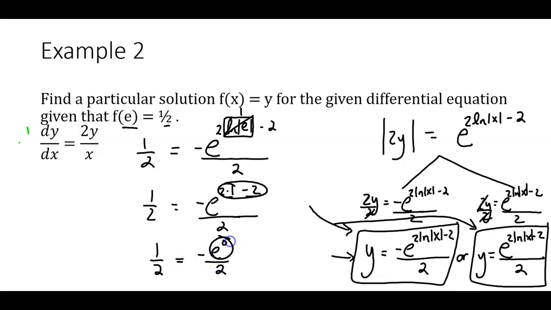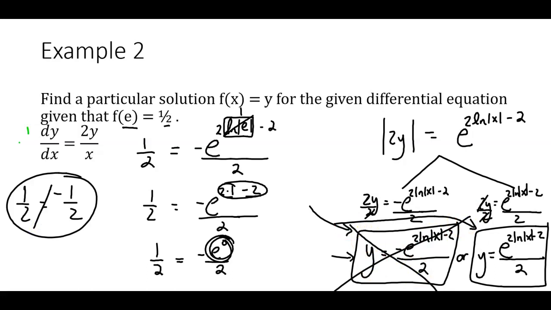And anything to the 0 power equals 1. So I've got 1/2 is equal to negative 1 over 2. Now, is that a true statement? 1/2 equals negative 1/2? No, it is not. Therefore, I know that this is not the solution, and therefore, this must be my solution.